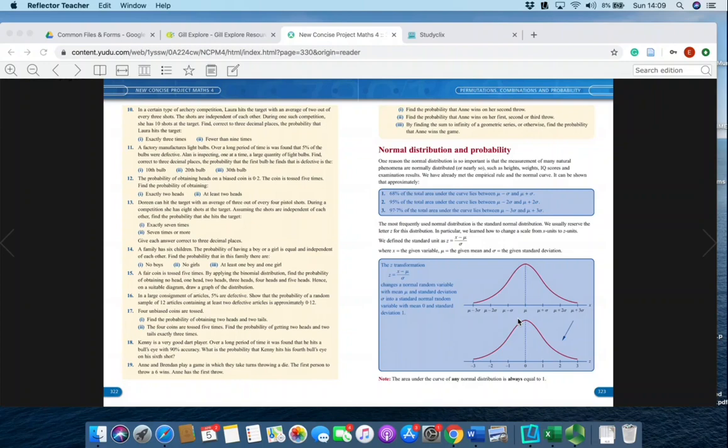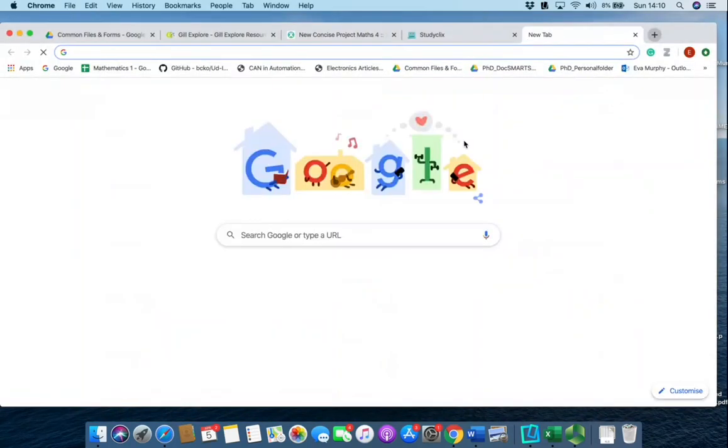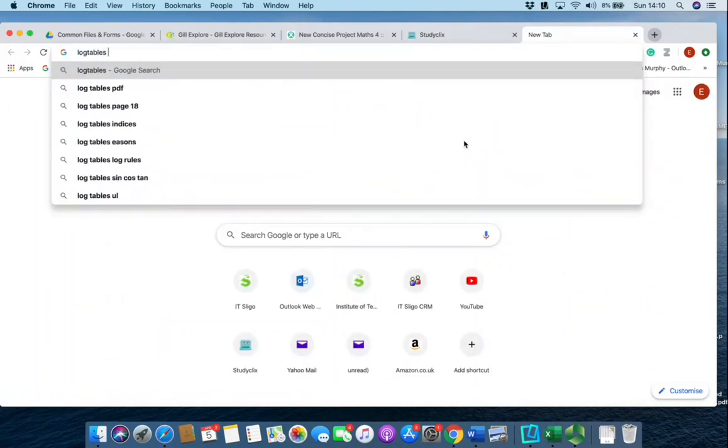Okay, now what does a z of 0.2 mean? I'm going to stop sharing now so that I can get some log tables. There's probably loads of these online.